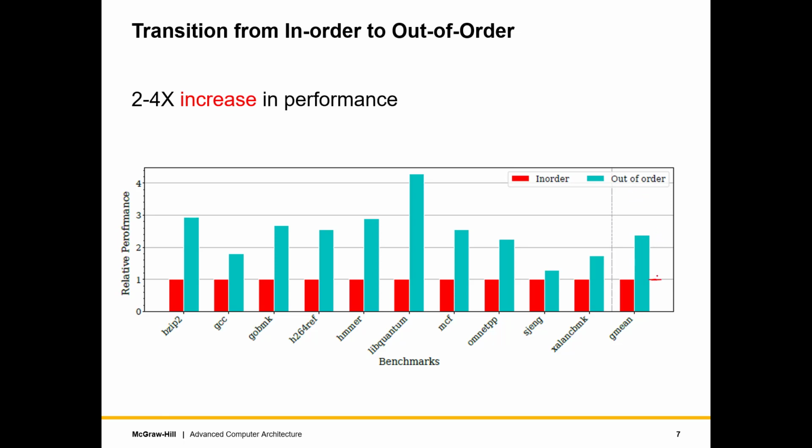If this is 1, the average performance gain is 2.4 times, which is quite substantial. And for some benchmarks, it's even more than that. So there is a massive performance gain, something that is not seen otherwise.